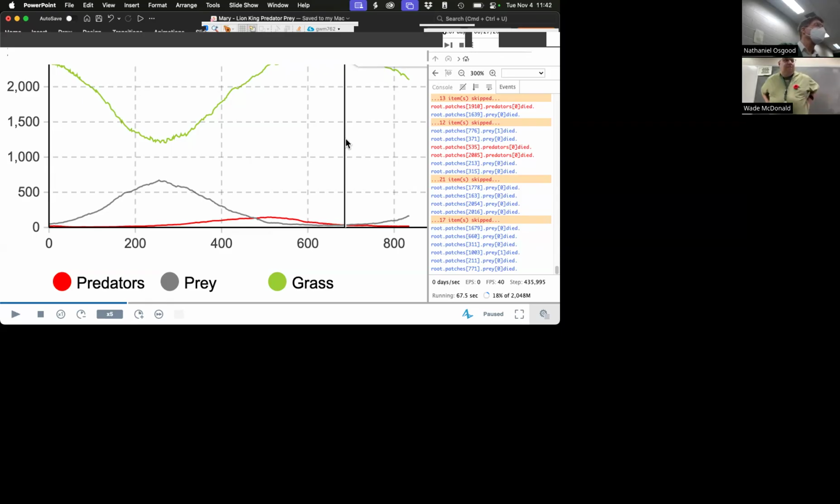So the grass, if you think about it, has inflow and outflow. The grass grows naturally, so it's going to be based on the number of empty cells. The outflow is going to depend on the number of prey. And so the situation where they're in balance will certainly depend on the prey numbers.